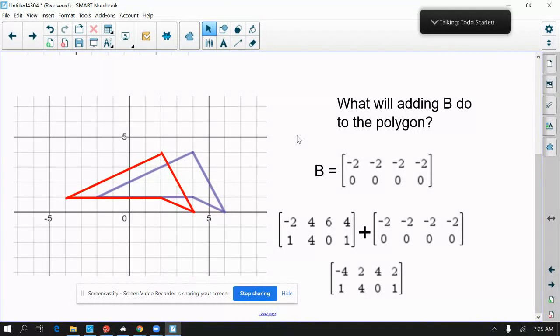And so to extrapolate this a millionfold, and this is how, at least how it used to be, video games and cartoons used to work. You could draw a character, and let's say you've got the polygon character, this really boring polygon shape, and you put in the computer the coordinates of all the vertices. And if you want that character to jump 2 spaces to the left, like let's say there's a bee over here and he wants to avoid it, so we need to move him 2 spaces to the left, we just add this matrix.